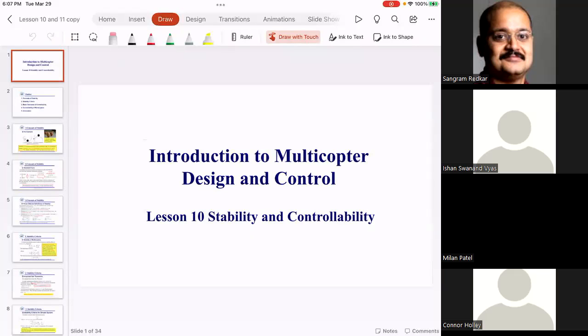So my plan today is to talk about a little bit of theory related to stability and controllability, give you some examples and explain in simple terms what we mean by controllability and how that can be implemented on a simple platform such as Mambo.